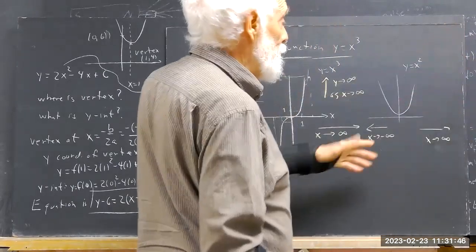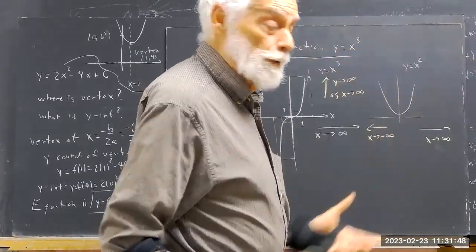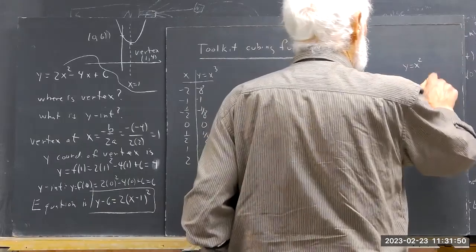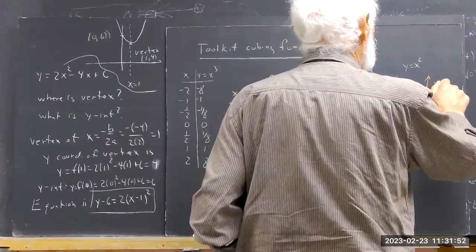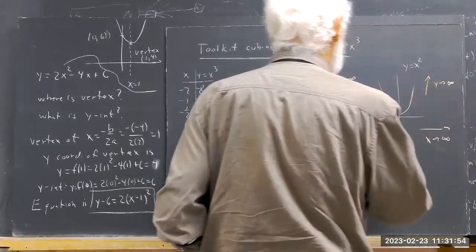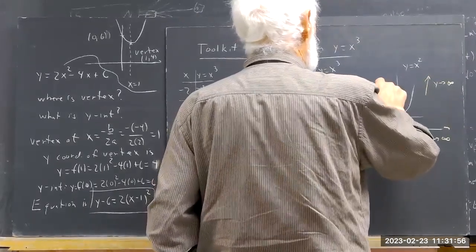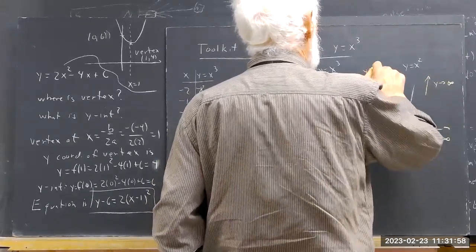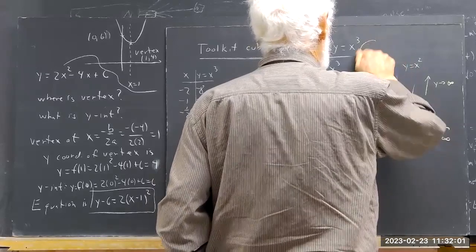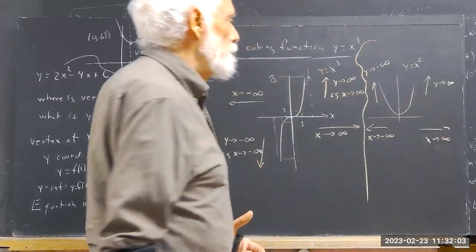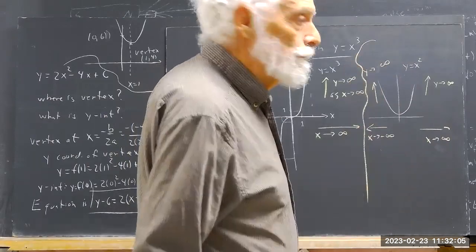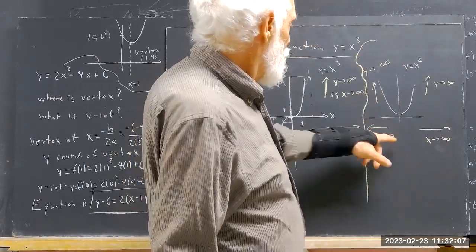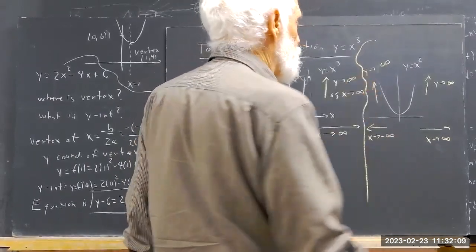They go up and they go up faster and faster, so they go to infinity. As x goes to negative infinity, y goes to infinity.